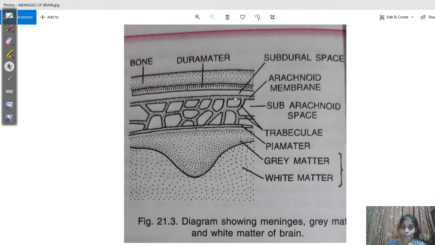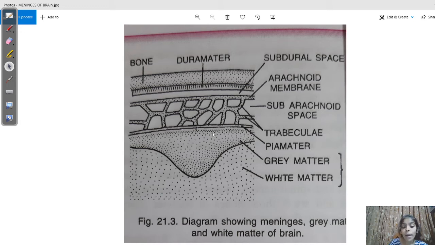So CSF is rich in nutrients and rich in oxygen, because the meninges of the brain and spinal cord do not have any other blood supply. That is why the CSF circulates this oxygen and nutrients throughout the brain.